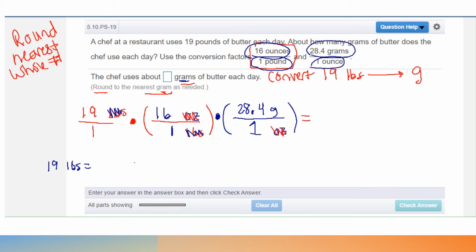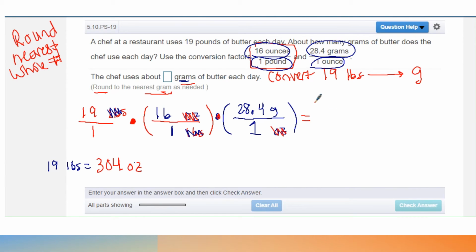So we have 19 times 16, which is going to give me 304. So we can say that 19 pounds is equivalent to 304 ounces, but we need our final answer in grams. So we need to take that 304 and multiply by 28.4.